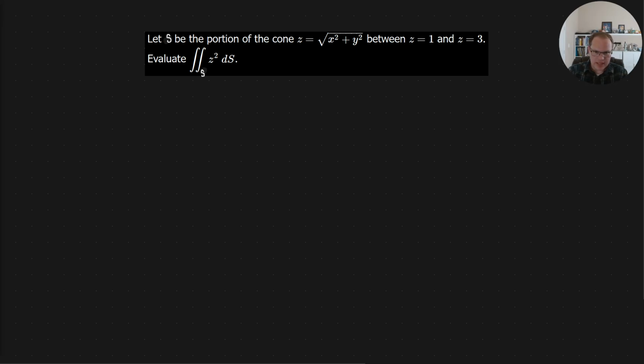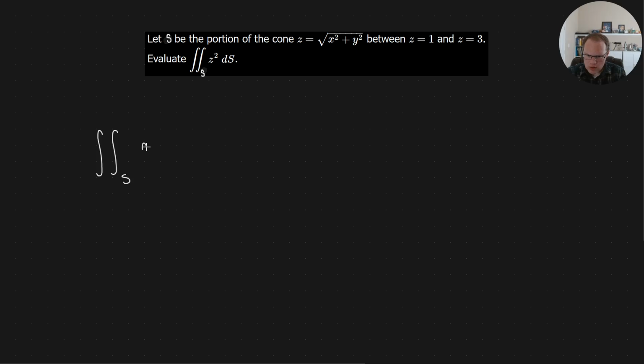Let's take a look at an example. Let's let S be the portion of the cone between z equals 1 and z equals 3. We want to evaluate the integral of the function z squared over that surface. All right?